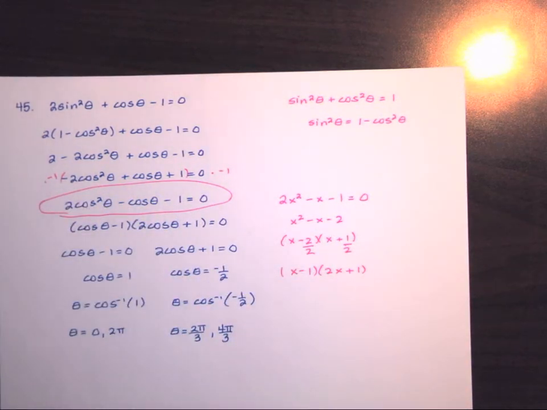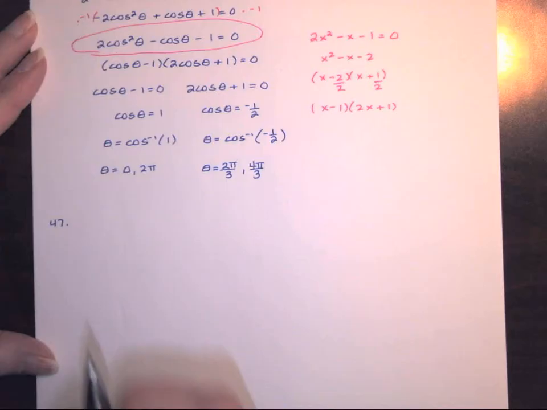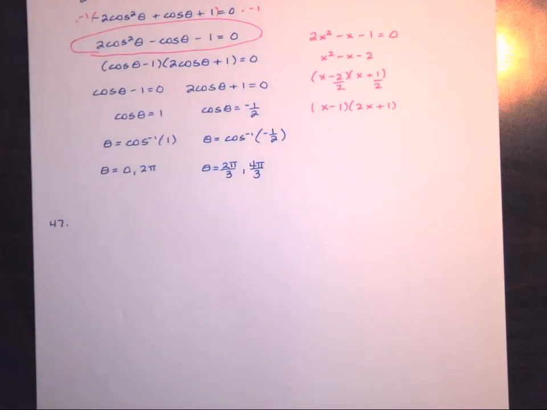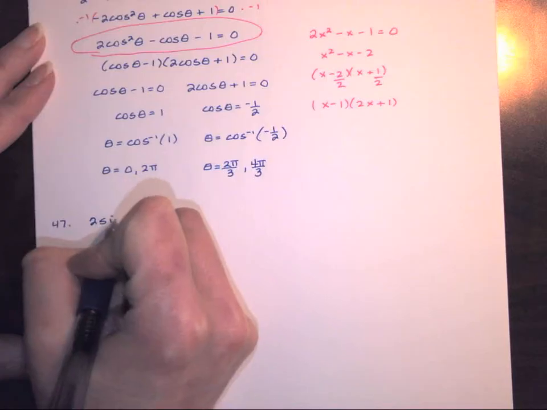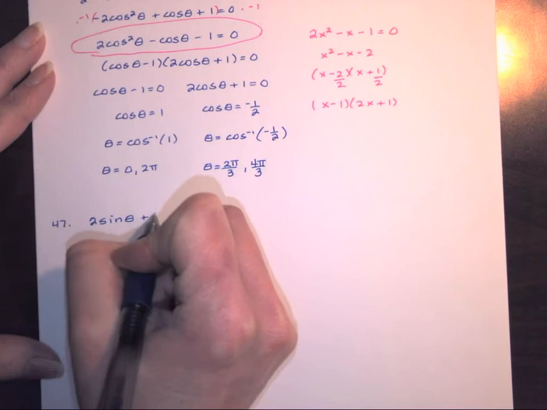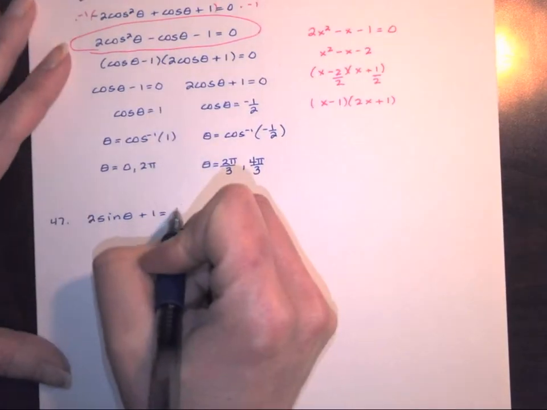So let me go over one more with you. Let's go over 47 together. We've got 2 sine theta plus 1 equals cosecant theta.